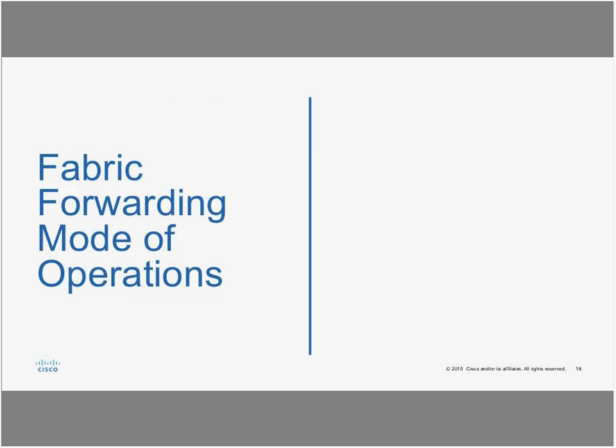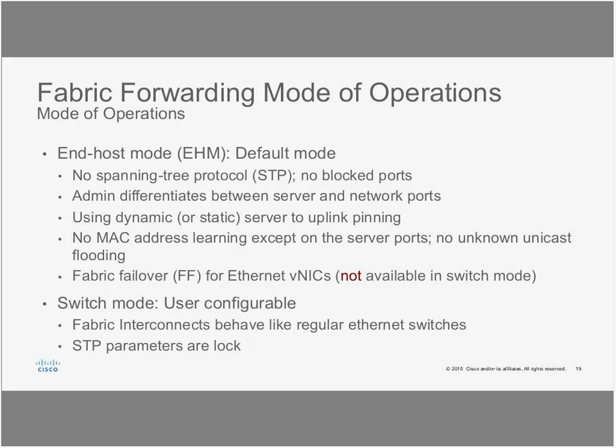What are the forwarding modes of operation on a UCS domain? First of all, you have end-host mode. Right out of the box, you have end-host mode. Basically, what this means is that all of your UCS will behave as a server to the northbound devices. It behaves as one server. Therefore, if you have a server, you have ports that you're connecting to your network, and all those ports are going to be forwarding.